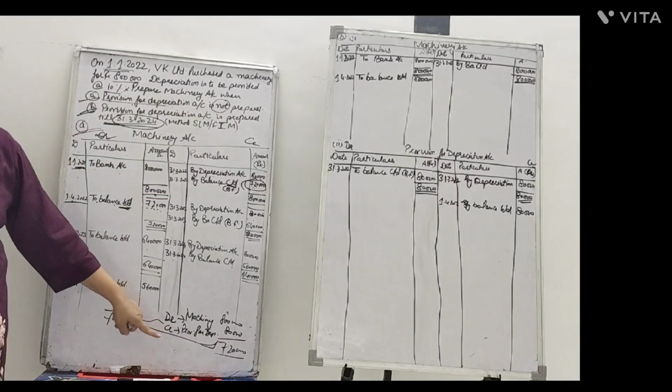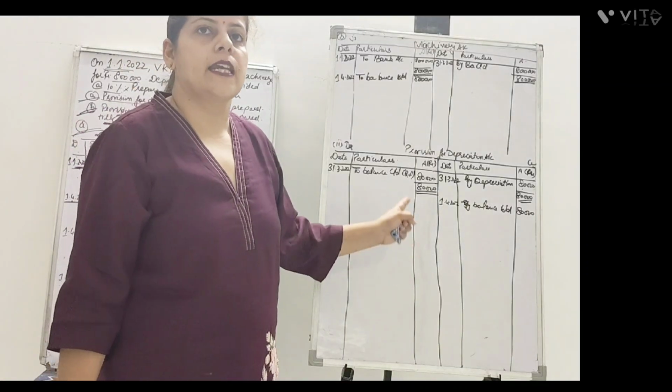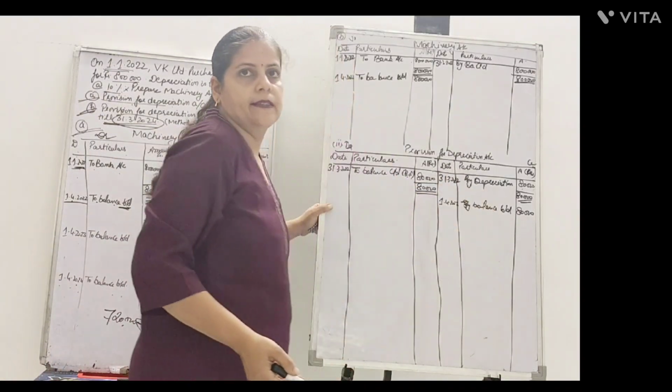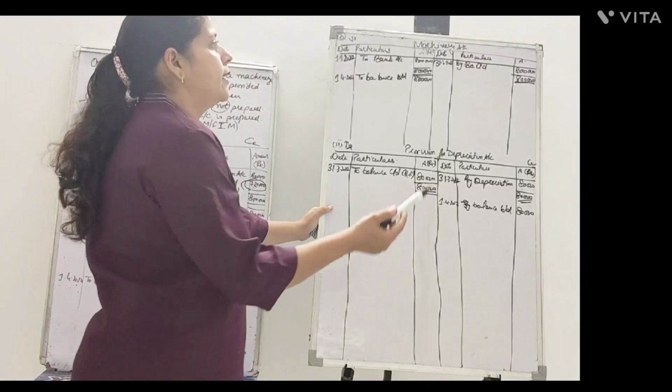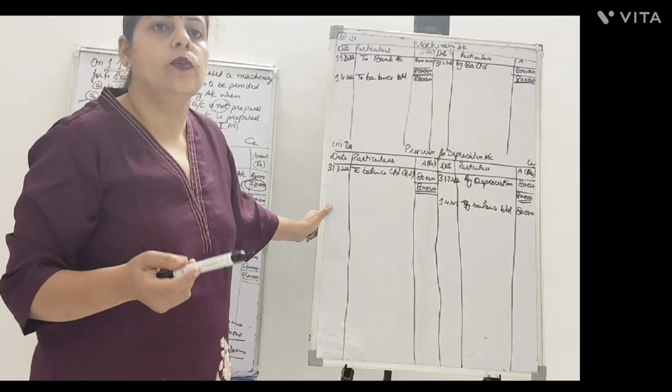Right? So this balance is telling us the same thing. There is no difference. We just opened another simple account named provision for depreciation, where we are taking all the depreciation of the asset. It means that the machinery account is never shown with a reduced value here.